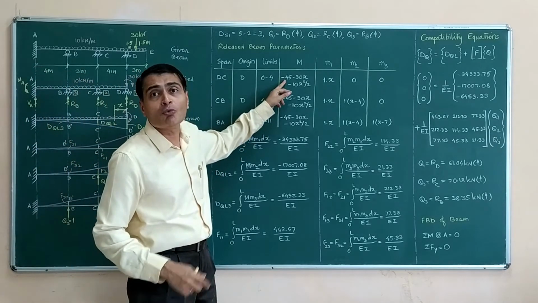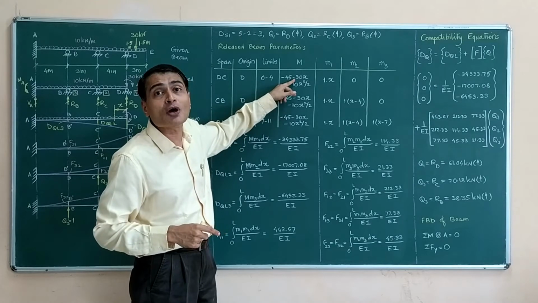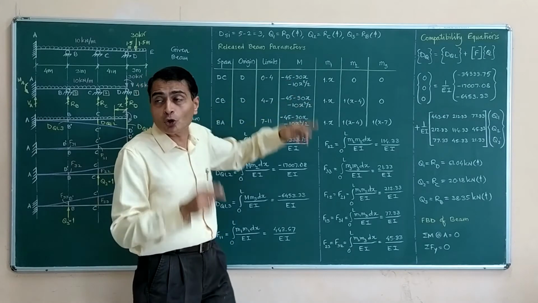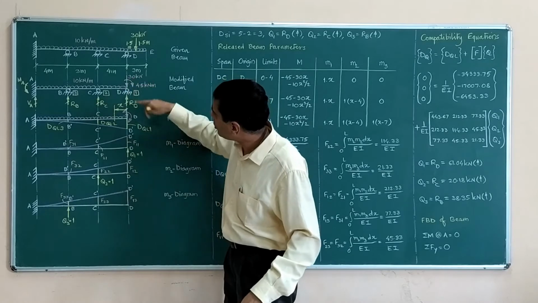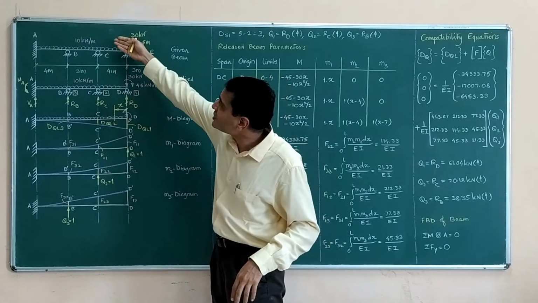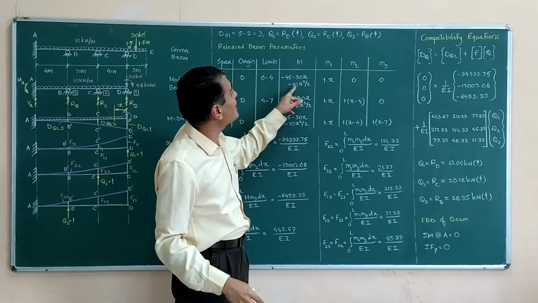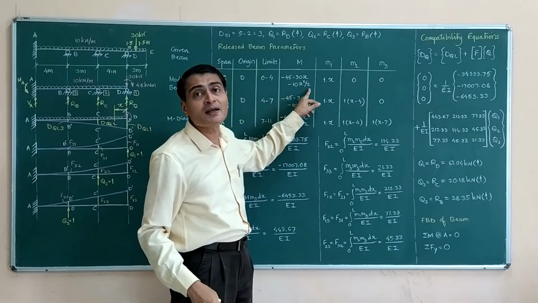Negative 45, moment of couple, hogging. Negative 30 into x, this is due to the point load. This point load 30 into x, again hogging, and since the intensity of loading is 10, I am writing the last term as negative 10 x squared by 2.